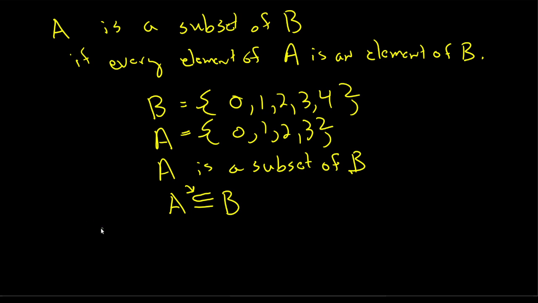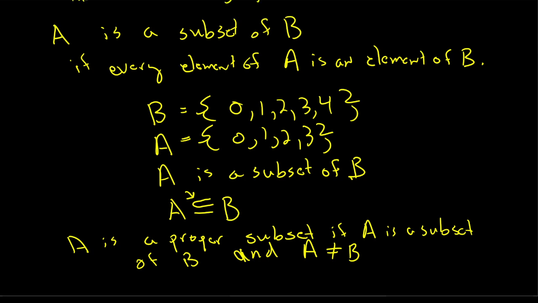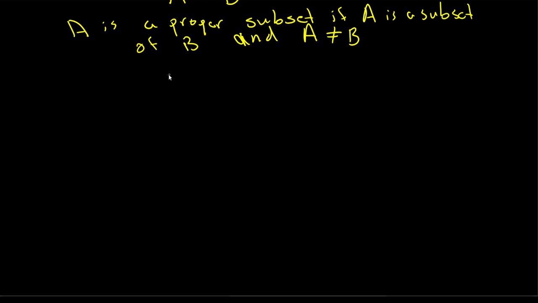Now, there's also a thing called a proper subset. A is a proper subset of B if A is a subset of B and A does not exactly equal B. And so the proper subset doesn't have the line under it.